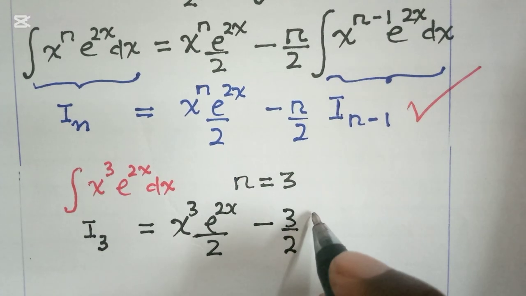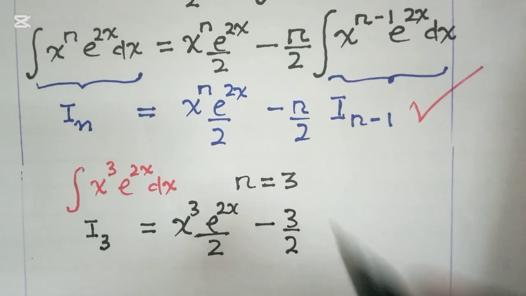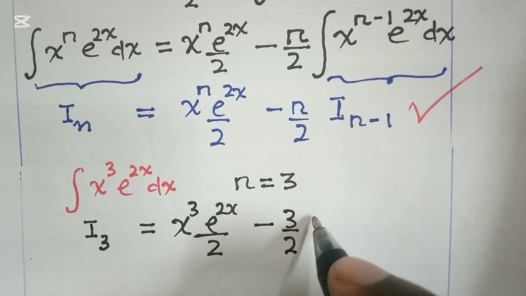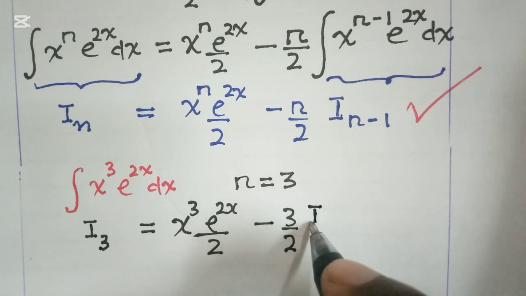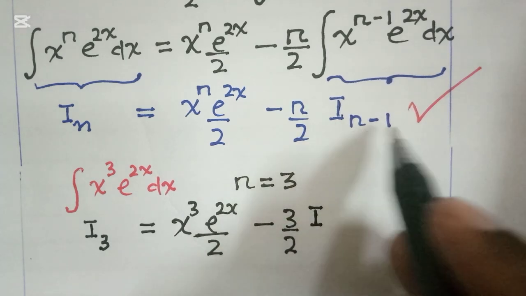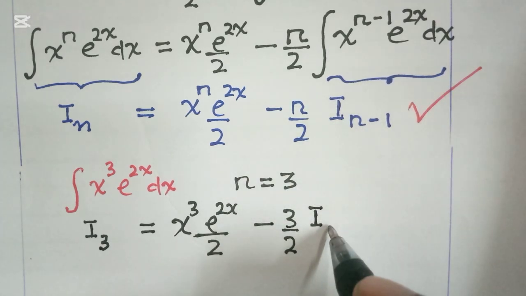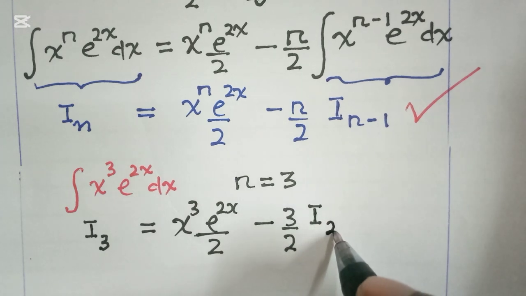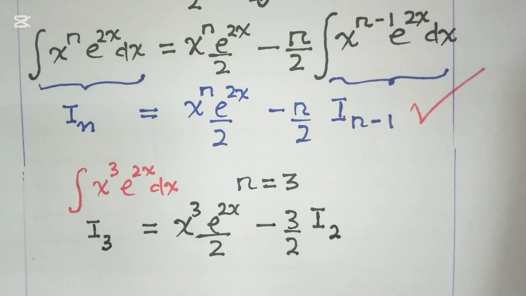And then this one is now going to be, for this one, it's going to be I n minus 1. This means it's now going to be 2, like that. So guys, after we have that, this is what now we are going to do.